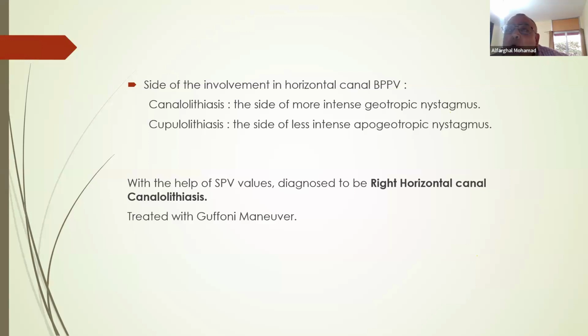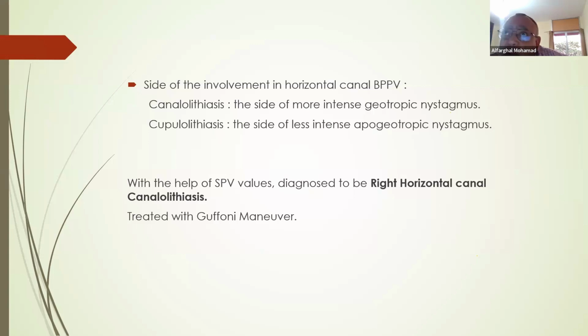This is one of the rules for how to understand the vestibular system. When the otoconia move in the excitatory direction in that canal, it will evoke a stronger nystagmus. When they move in a direction which causes inhibition, it will be a nystagmus of less strength and shorter duration.